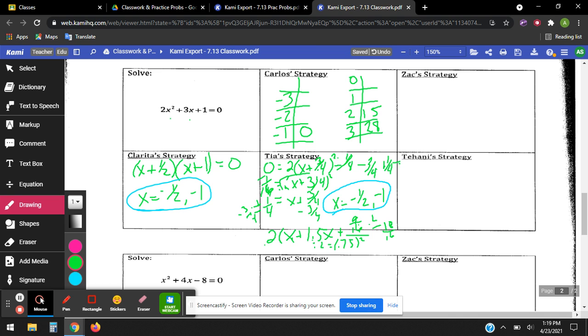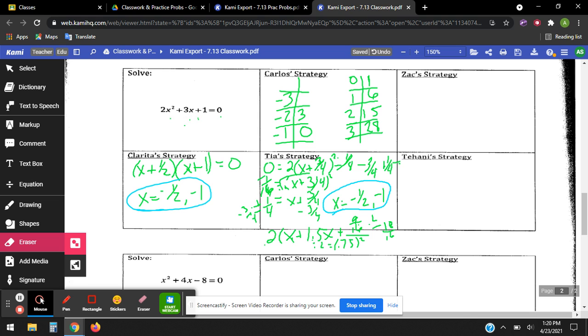2 times 1 is 2 plus 3 is 5 plus 1 is 6. If I put in a 0, I get a 1. That's my y-intercept. Negative 2, still 2 times 4, right? Negative 2 squared is 4, plus, oh, it's a negative 6 this time. So I might have to write this one out. 8 minus 6 is 2 plus 1 is 3.